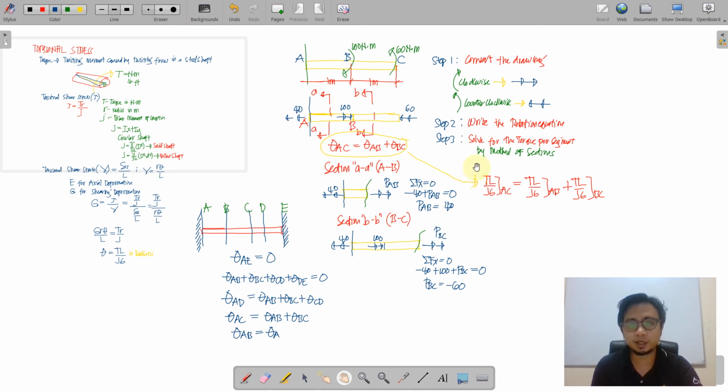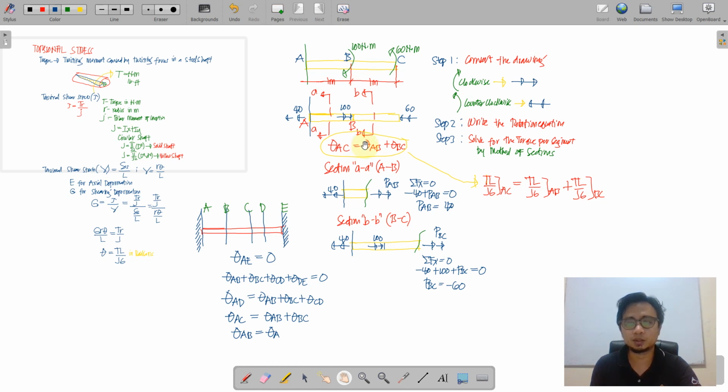And then for step 3, solve for the torque per segment. You have already done this a lot of times during your engineering mechanics. Just have a section wherein the section could be assumed or cut considering only one direction. But my advice is, if you are going to have multiple sections per segment, you just choose left or right.